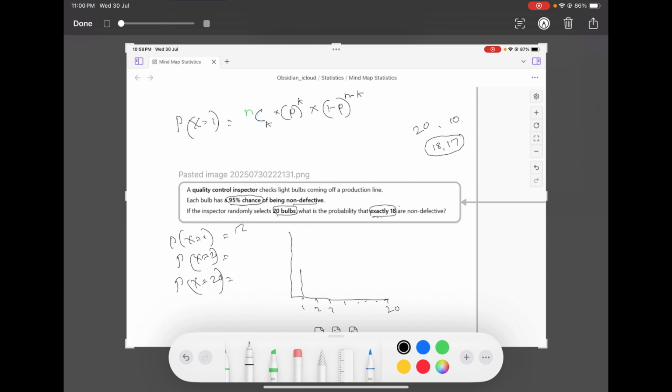Here the bulb is either defective or non-defective. The probability that it is non-defective is P, and the probability that it is defective is 1 minus P. Here P is 0.95, k is 1, and N is 20.